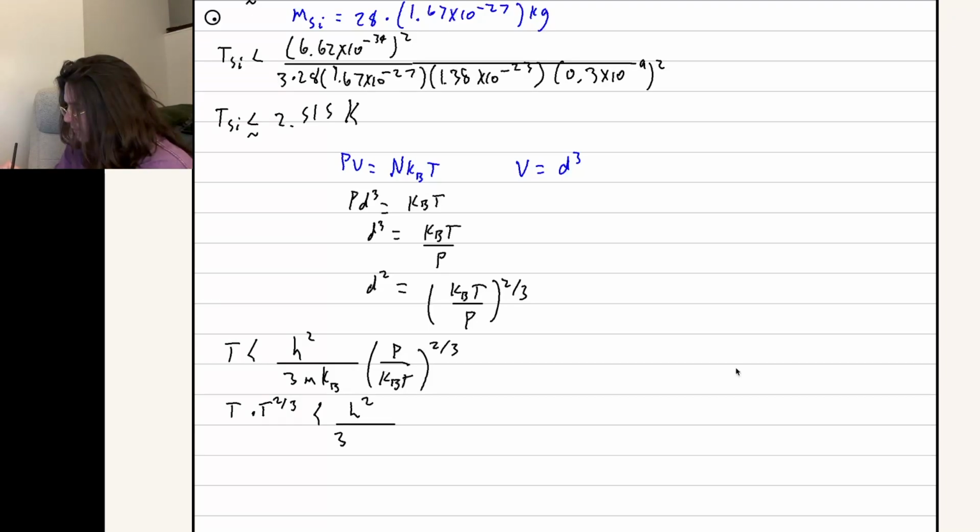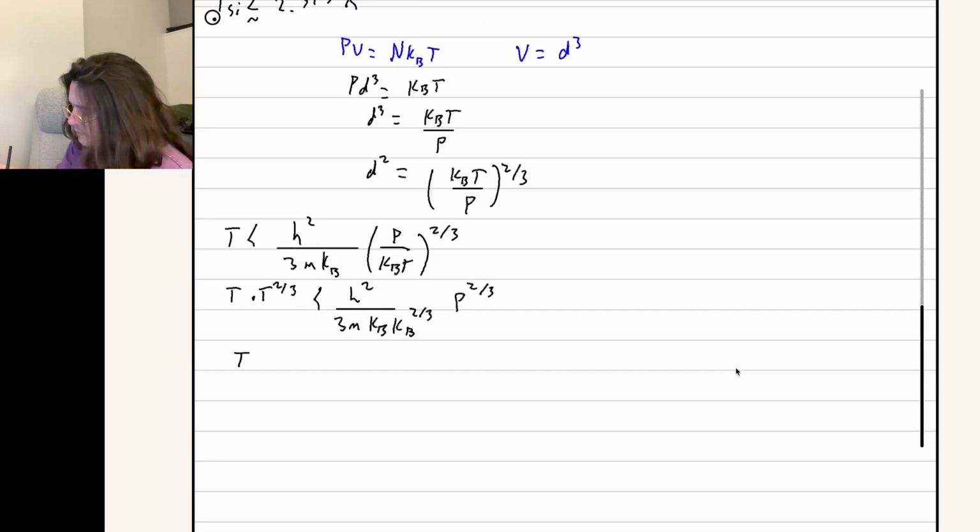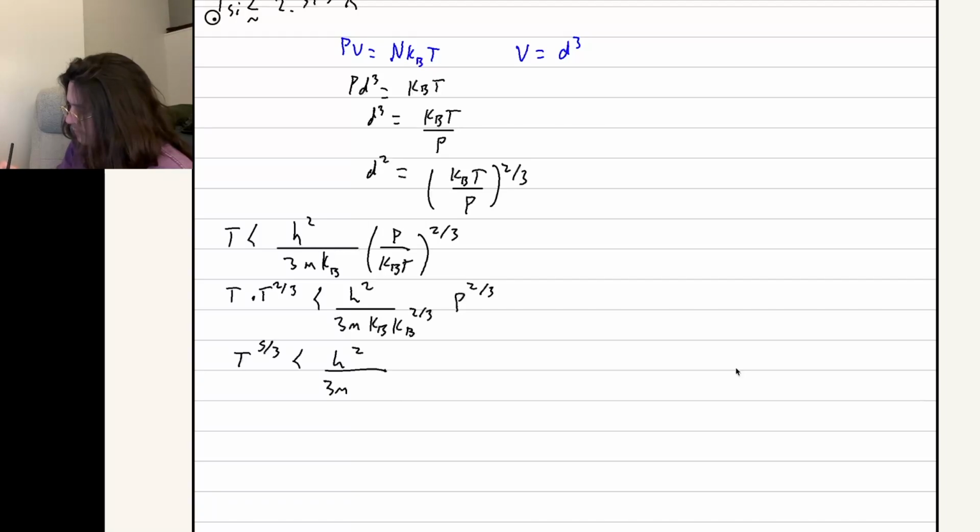We'll have 3m, you have k_B to the 1 times k_B to the 2/3, and then that's P to the 2/3 there. Simplifying a bit, you'll have T to the 5/3 will be less than h squared over 3m k_B to the 5/3, P to the 2/3, and then raise everything to the power of 3/5.